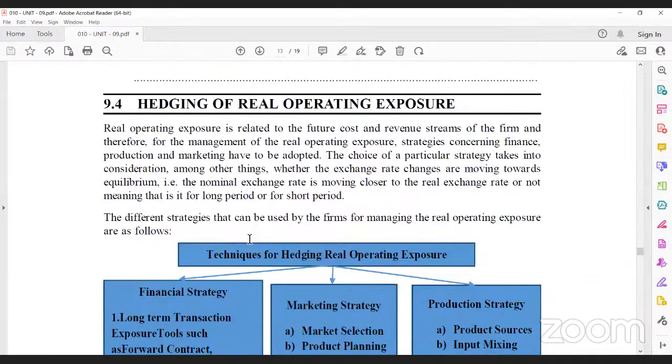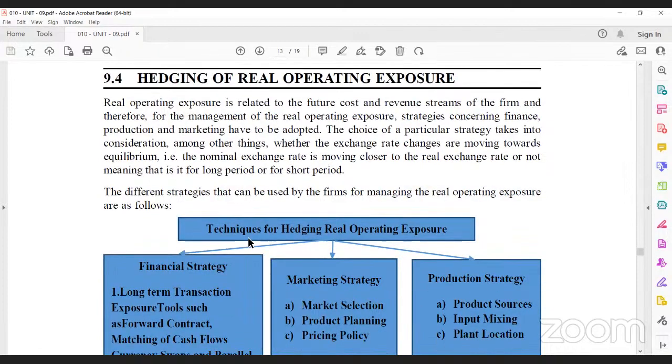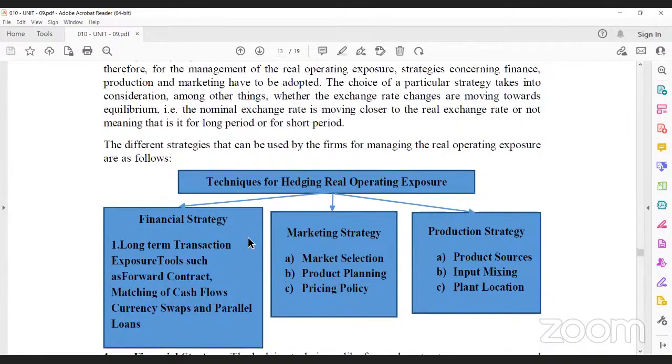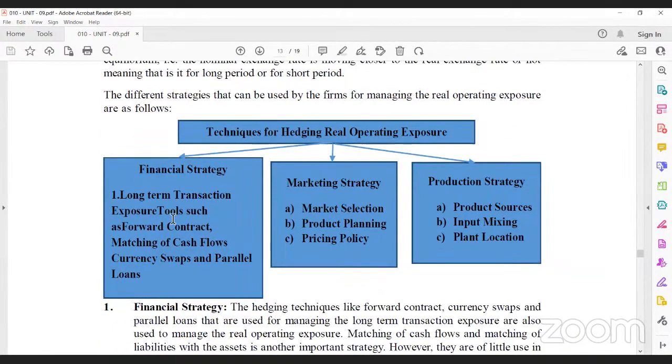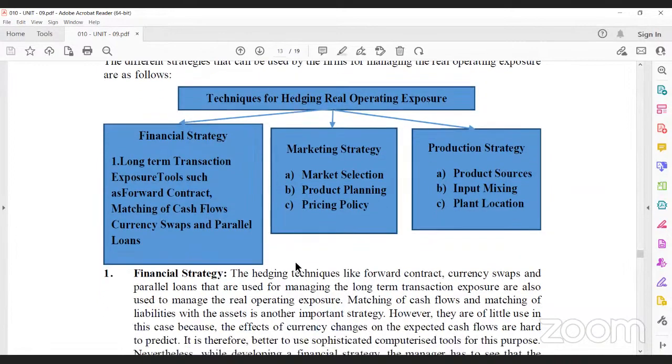Okay. Then the next topic we have is hedging of real operating exposure. There are different strategies: for long-term transaction exposure, forward, matching, currency swaps, and parallel loans. Marketing strategies may include market selection, product planning, pricing policy, product strategy, product source, input, plant mix.